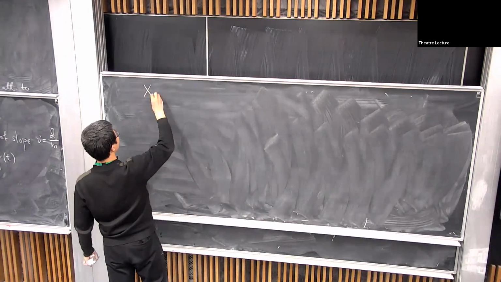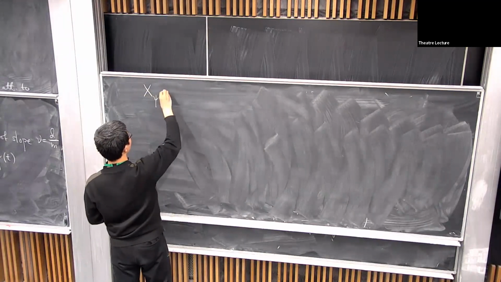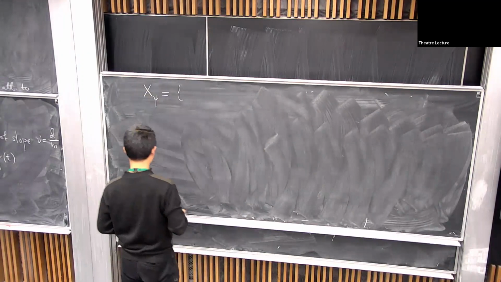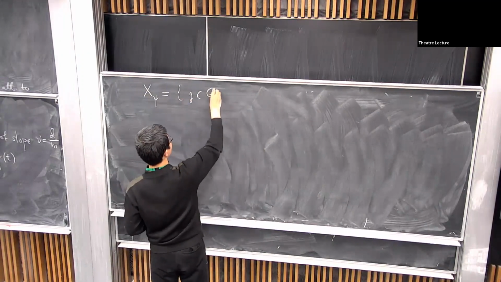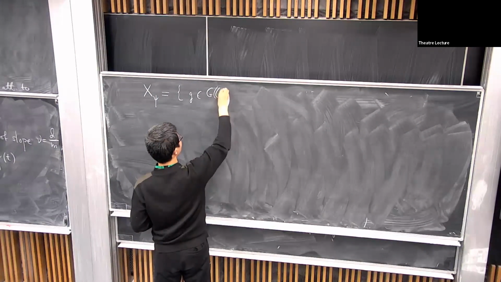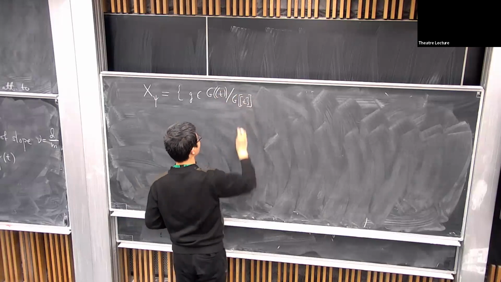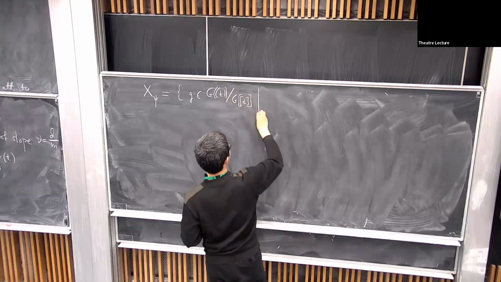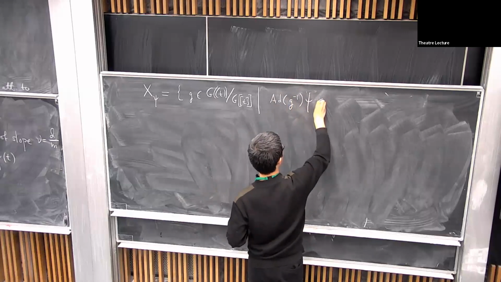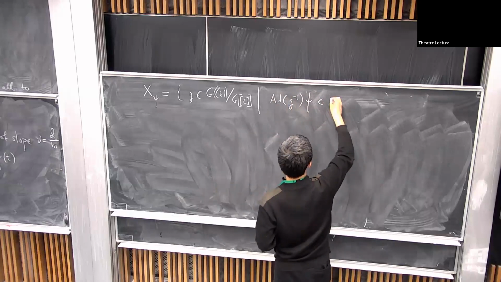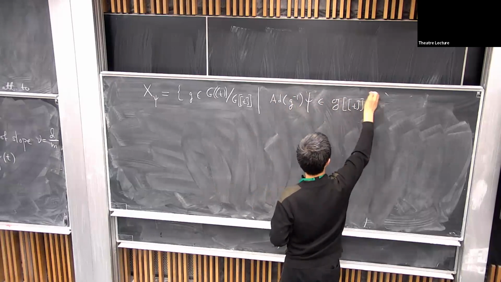So X psi is the affine Grassmannian version of the affine Springer fiber. It consists of g in the loop group modulo other groups such that the adjoint action of g inverse takes psi to g of all power series.